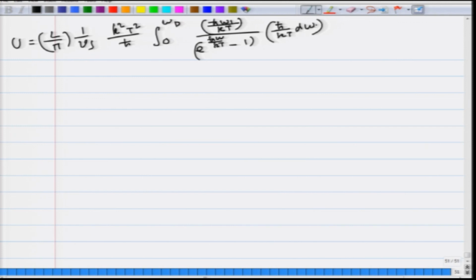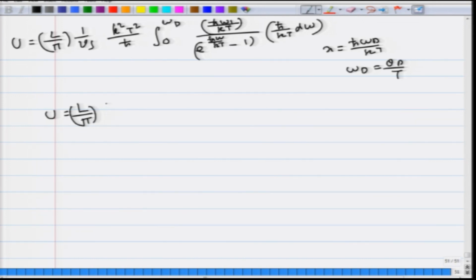I am just introducing them, and I have x equals h cut omega d by kt and omega d equals theta d by t. So you will get L by pi, this omega d.